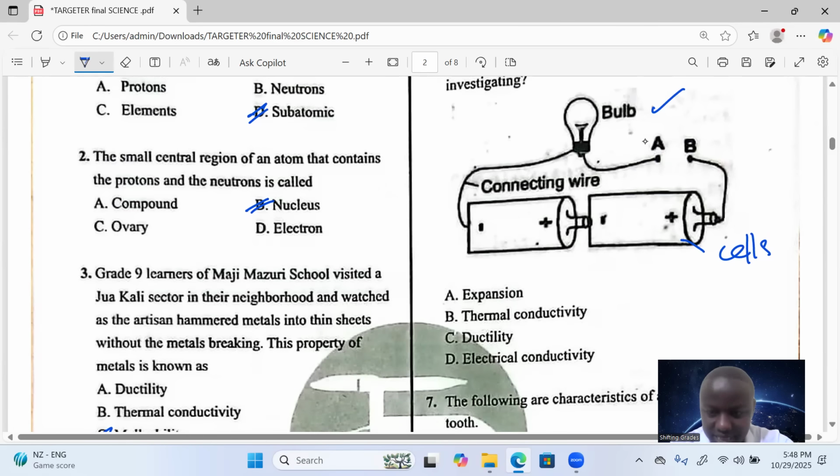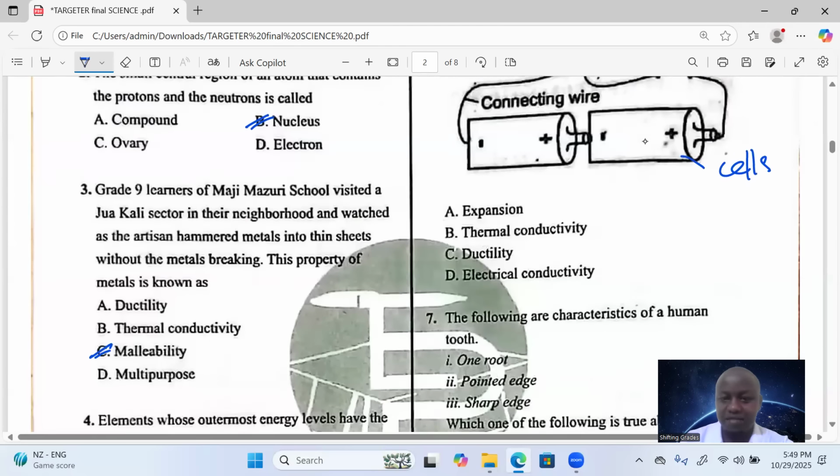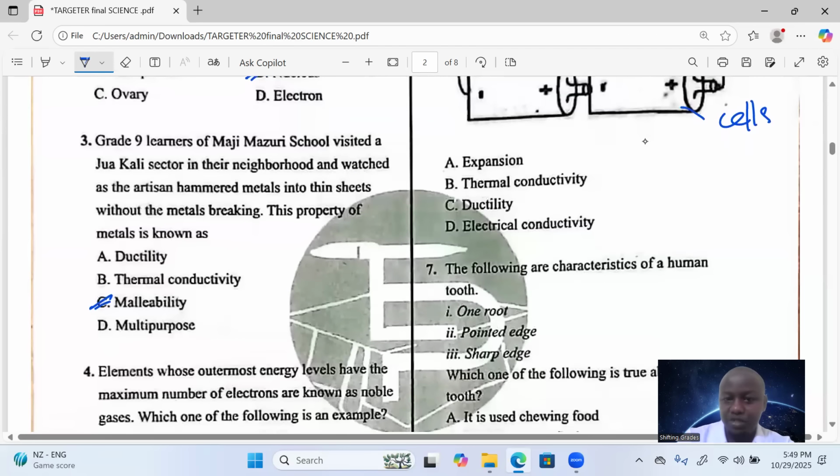In case you complete the switch at AB, the bulb is likely to light, meaning that these wires made of metals have what we call electrical conductivity. So what we are examining here is not expansion. It's not thermal conductivity, because thermal conductivity is the conduction of heat. Ductility, no. Electrical conductivity. That's now the property which is under investigation.